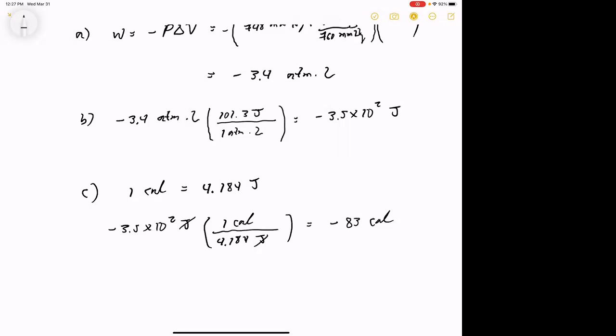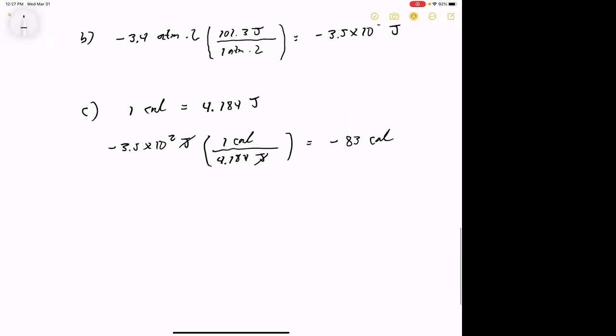All right, let's look at another one, because again, I think example problems help us to think about how to think about these sign conventions especially.